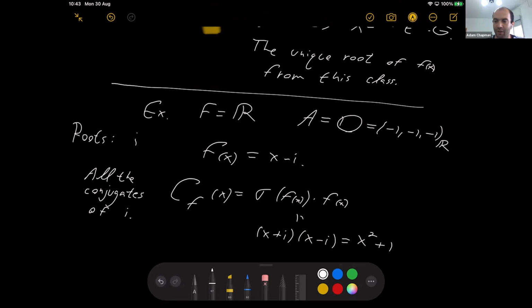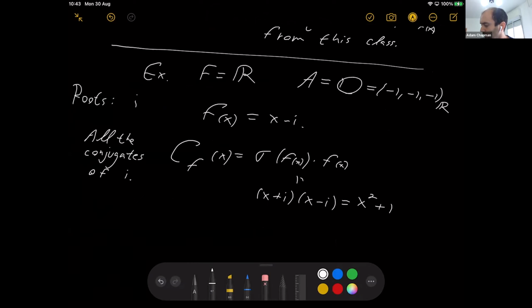So it includes J, it includes K, it includes L, it includes I plus J over square root of 2, and so on. So yeah, that's the algorithm, and I think that's enough for this.